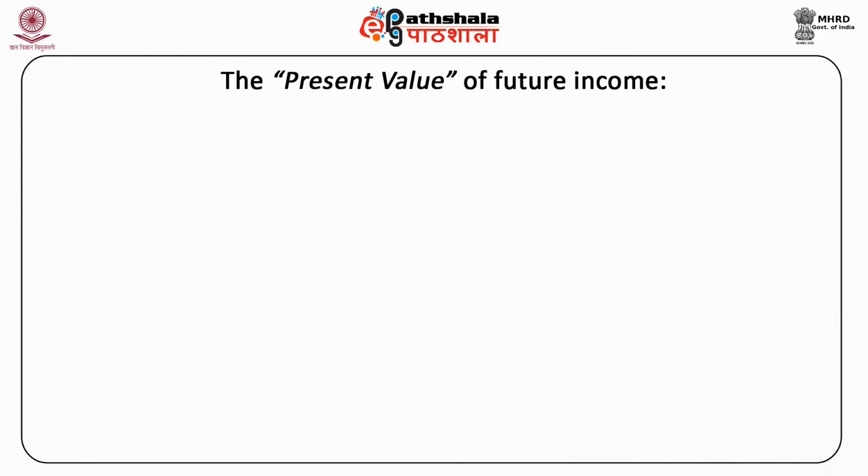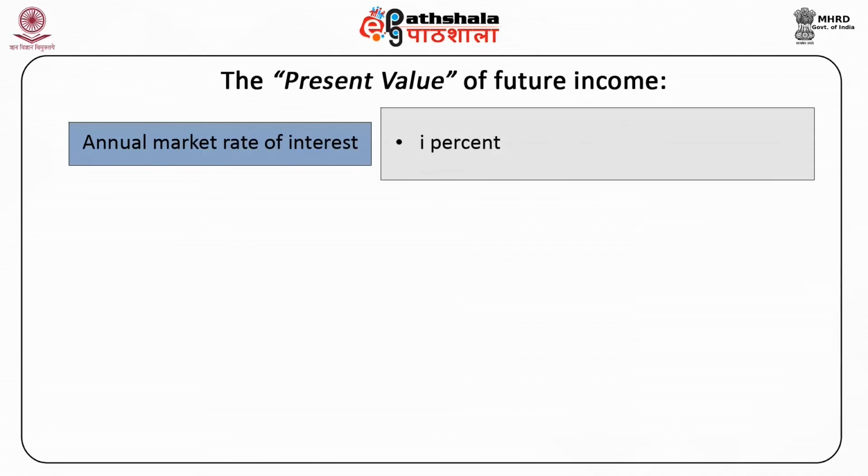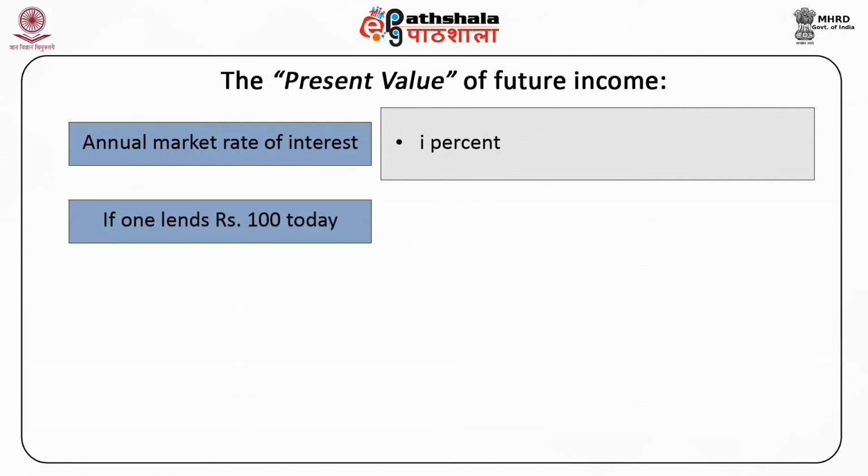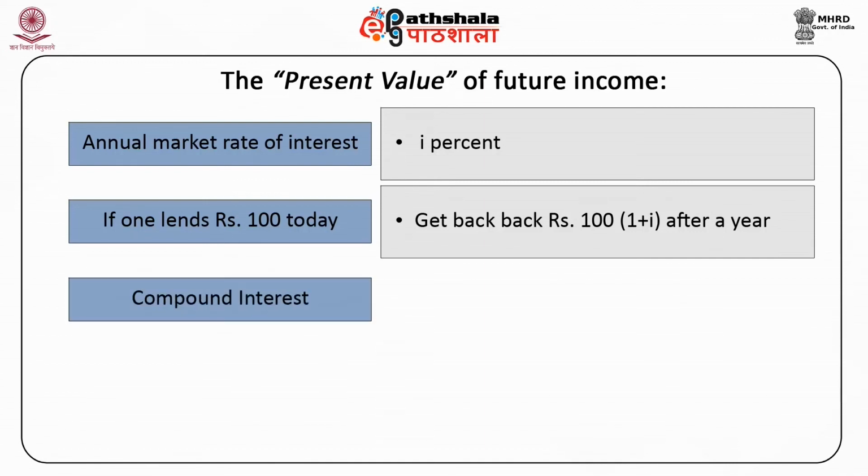Suppose the annual market rate of interest is I%. This means if one lends rupees 100 today, he would get back rupees 100 multiplied by 1 plus I after a year. Using the formula for compound interest, you can check.